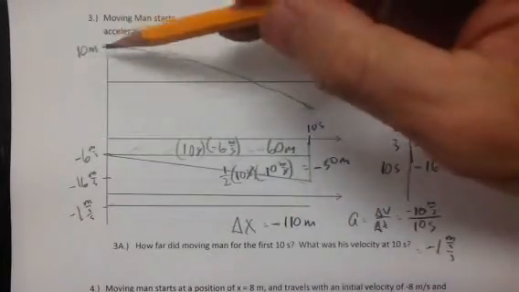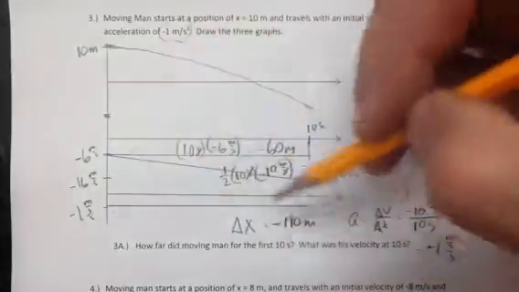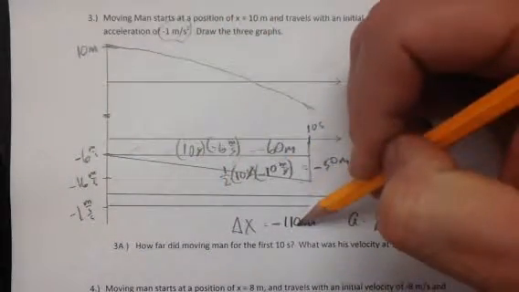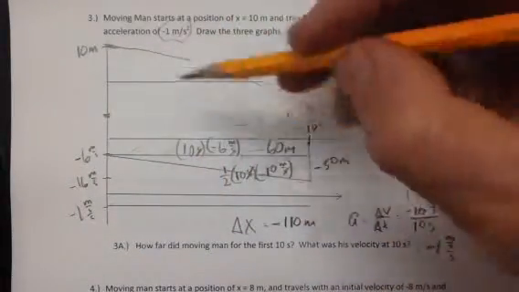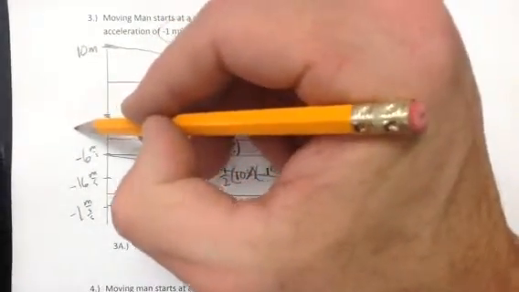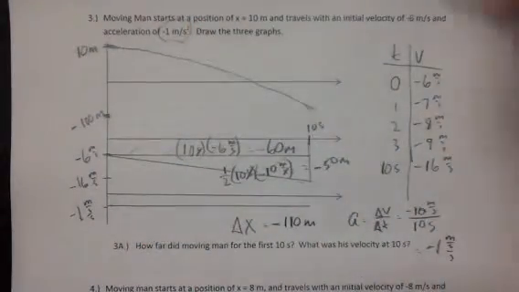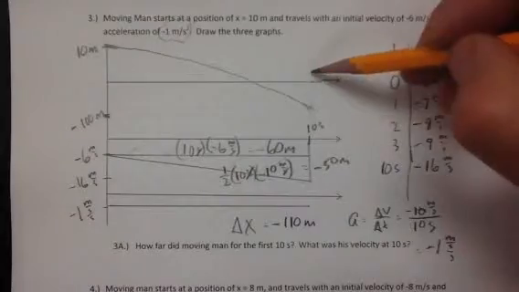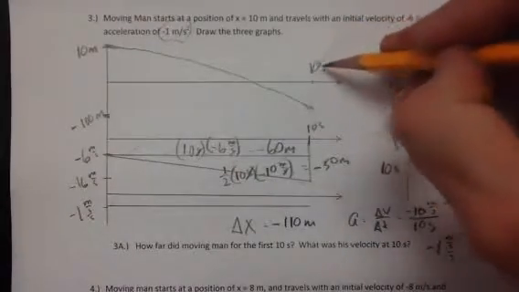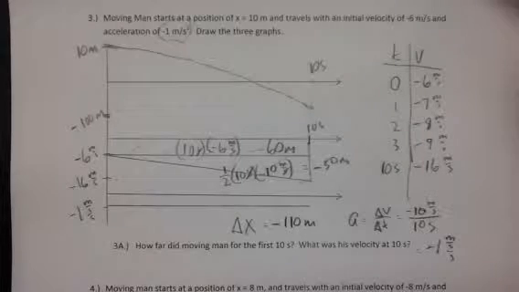So from where we end, we should be in the negative x direction, 110 meters. So if this is 10, the final position then should be -100 meters. So at 10 seconds, our final position will be -100 meters.